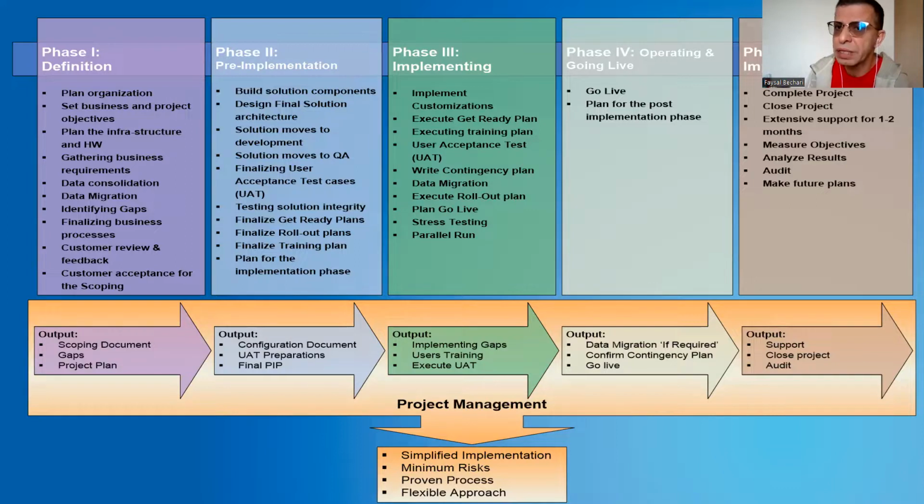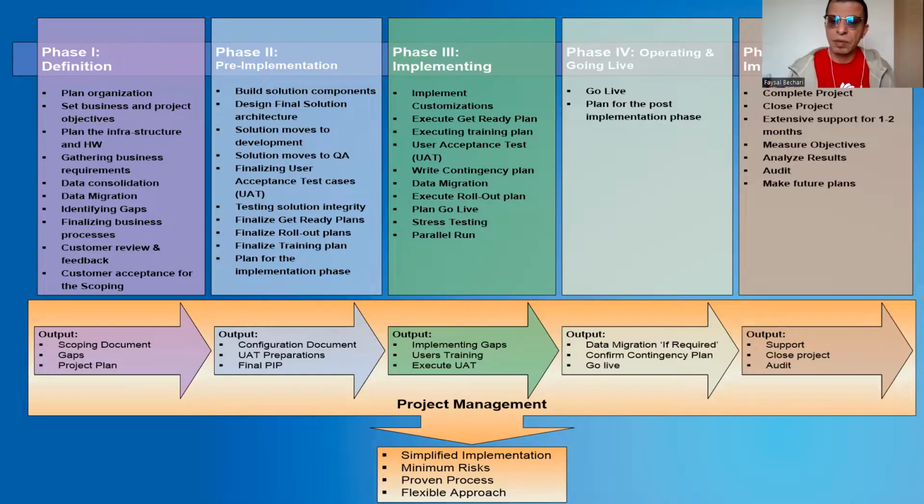Once you are implementing, that's when you go live, moving from implementing to going live and operating. Here is where you go live with a plan for post-implementation also. And this is where you do data migration if it's required, and confirm the contingency plan, and then you go live.